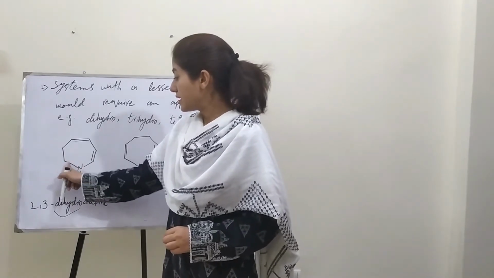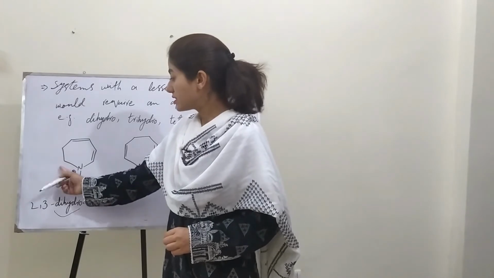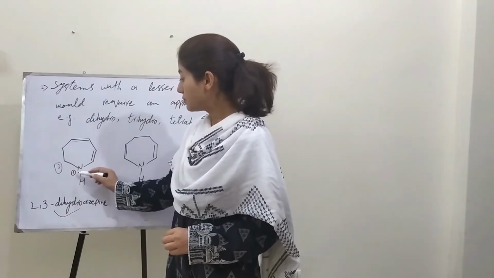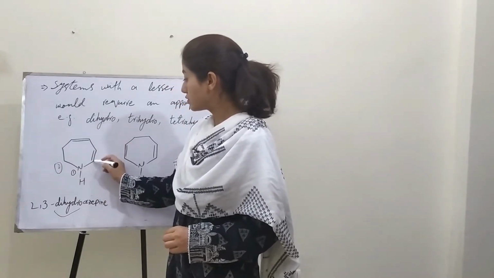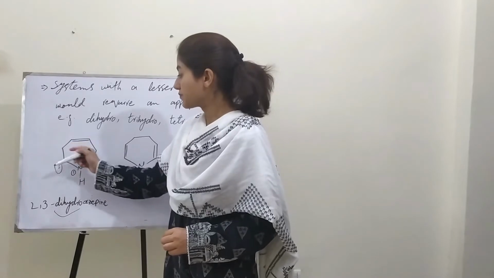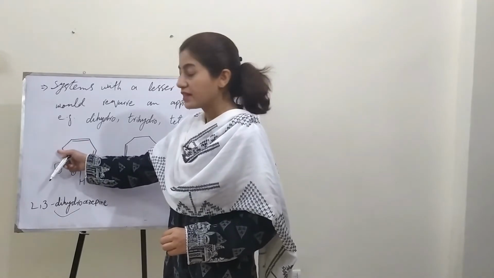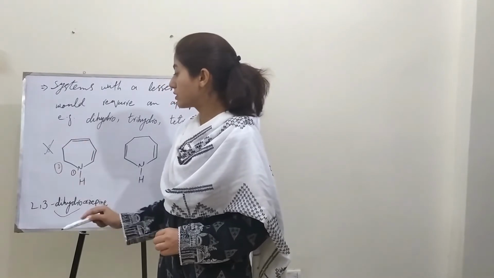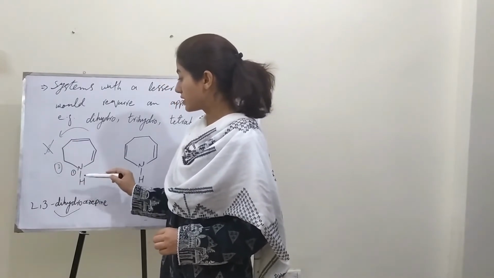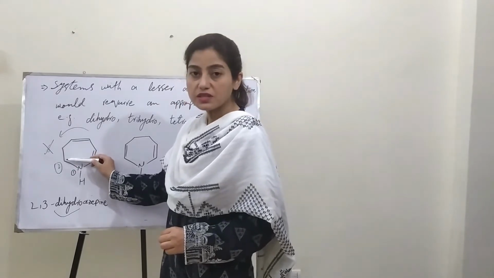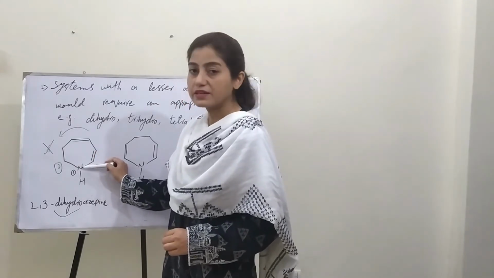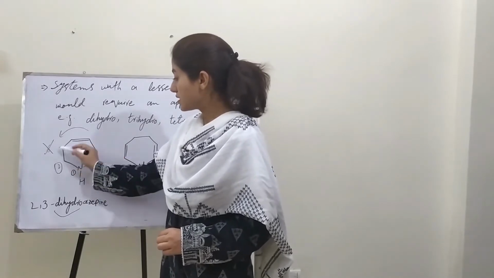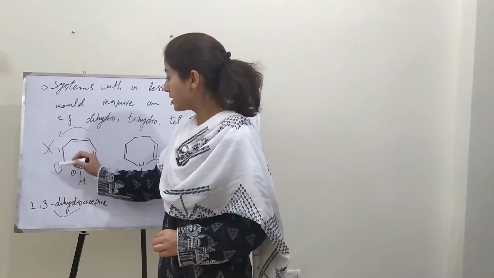For example, here this direction is closer to this saturated carbon, but if we move along this other direction, then here 1, 2, 3, 4, 5 and 6. So along this direction, the saturated position comes at the 6th position, so it would not be followed. Rather, the saturated position is closer to the heteroatom along this direction, so we will move from this direction, that is 1, 2, 3.